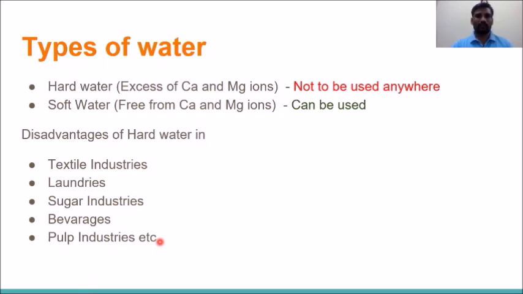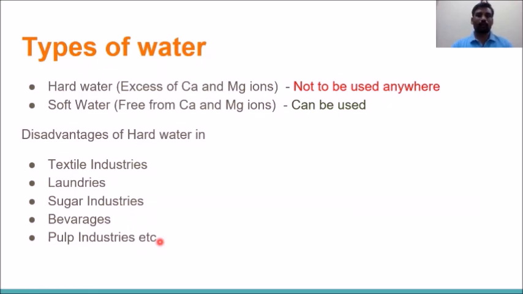If there is an excess of calcium and magnesium, the water becomes hard water. What are the disadvantages faced in the industries? They produce colored spots on the fabrics, they precipitate basic dyes, and they decrease the solubility of acidic dyes.